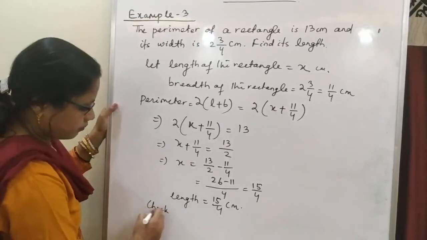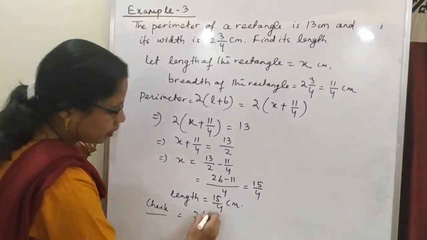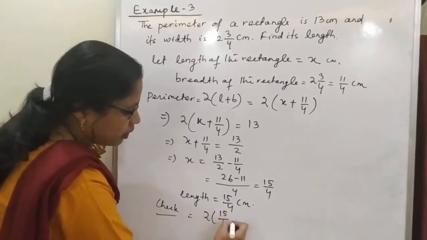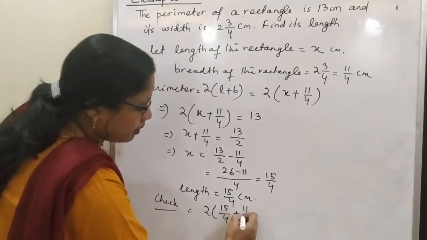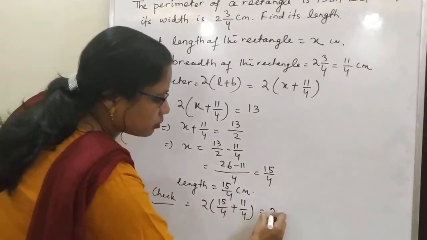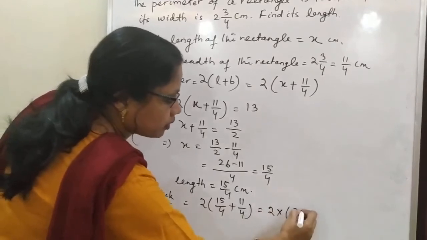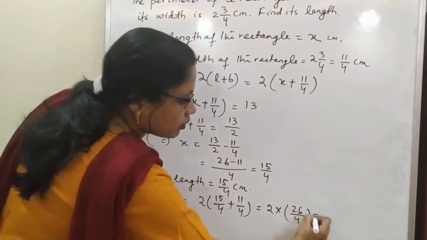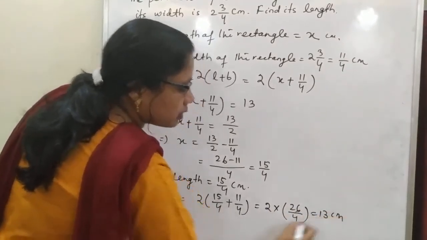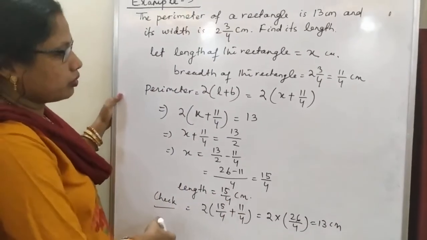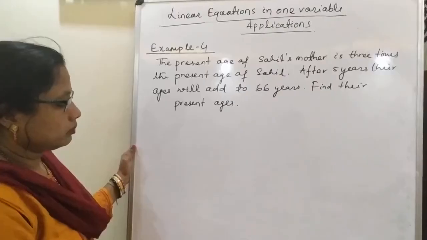Check. So 2 multiplied with 15 by 4, plus 11 by 4, is equal to 2 multiplied with 26 by 4. So this is equal to 13 centimeter. So here we verified that our answer is correct.